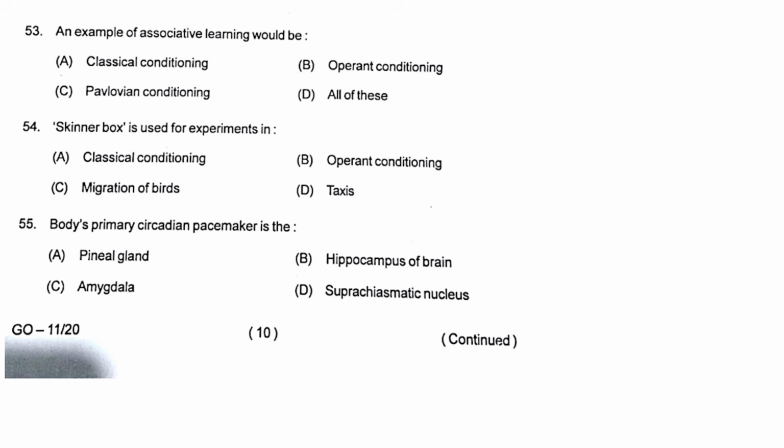Next question. An example of associative learning would be... okay, what is associative learning? Let me tell you. Associative learning occurs when an organism learns a relationship between two stimuli, or a stimulus and a response. If an organism is learning through stimulus and response, it will be called associative learning.